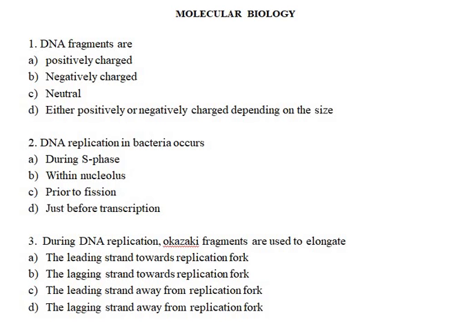Nucleotide is mainly composed of three components: sugar, nitrogen base and phosphate. So here the phosphate is present, which imparts negative charge to the DNA molecule. So the DNA is negatively charged.